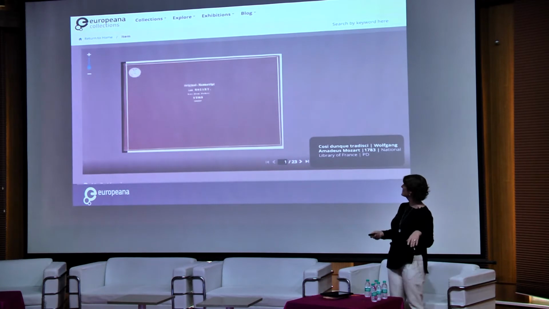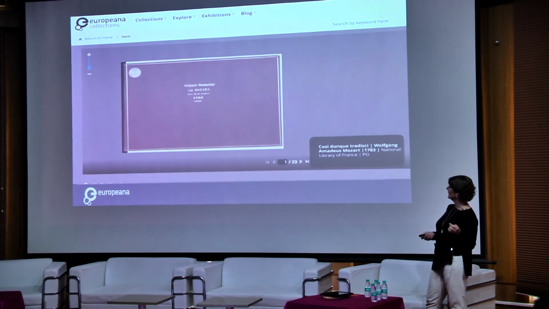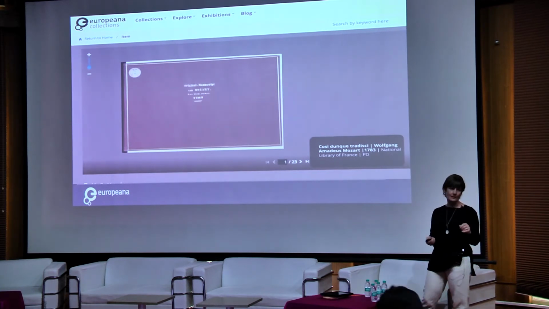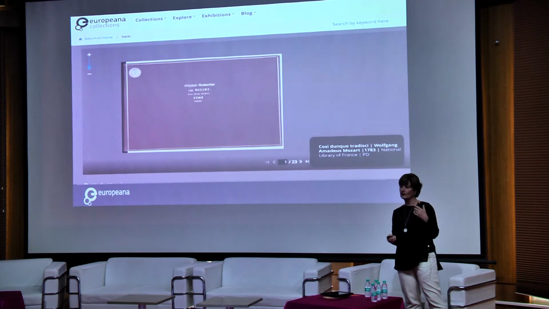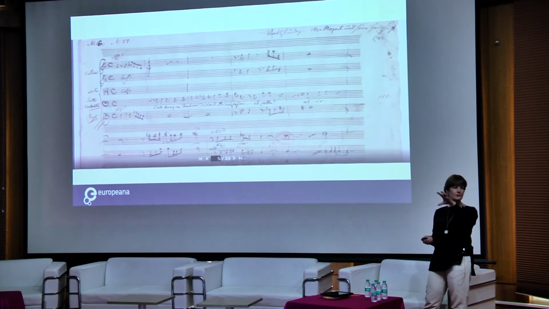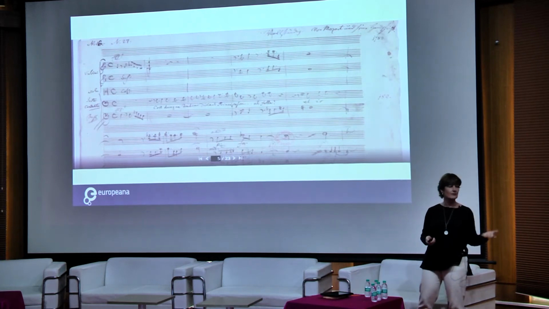So this is actually an original Mozart manuscript in the National Library of France. And because we are now using the IIIF functionality, you can actually turn the pages of this book and zoom into it. So as a scholar, you really get to use this, but again, in the context of the environment that you were working in.